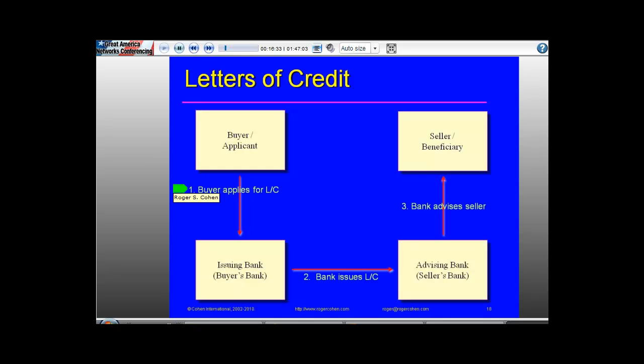And so, first step is that the buyer will apply to open a letter of credit with their bank, that is the issuing bank. If the bank agrees, then the bank will issue the letter of credit in favor of the seller, but the movement of the piece of paper, or these days an electronic message, would be from the issuing bank to the advising bank, and then the advising bank will advise the seller that it has received the letter of credit in its favor.